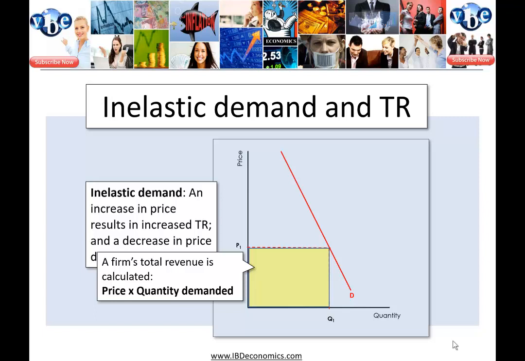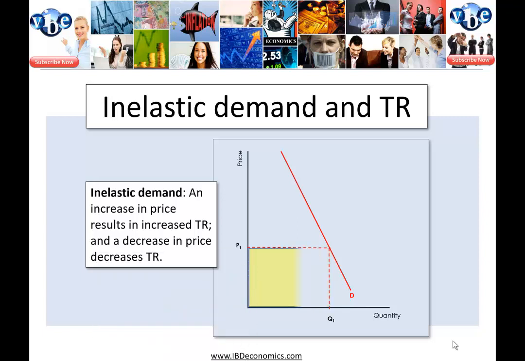Price times quantity demanded, the value of revenues is represented by the yellow rectangle here. We'll have a look at a large price increase, 25% from P1 to P2, which results in a proportionally smaller fall in quantity demanded. So an increase in price of 25%, a fall in quantity demanded of 5%.